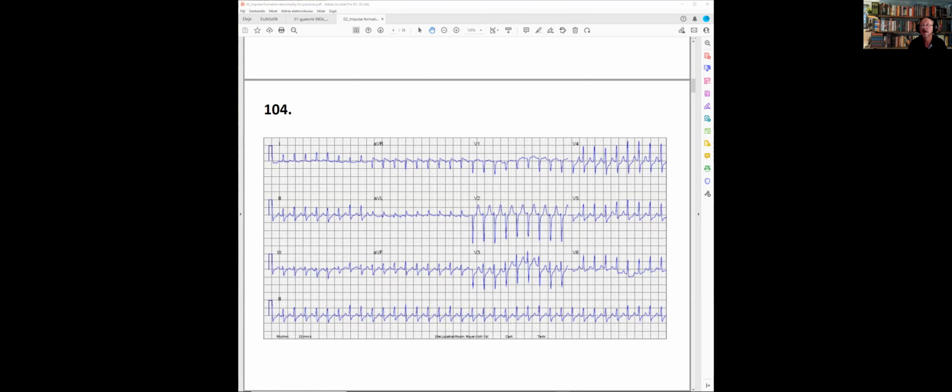In lead 2 there are positive P waves, and in aVR there is a negative P wave. Okay, that's a T wave, so it looks like you don't have any P waves. Maybe we don't know exactly. But that's rhythmic and tachycardic.